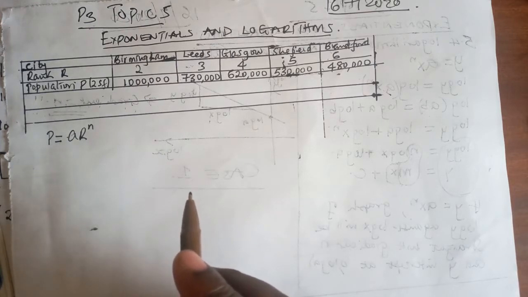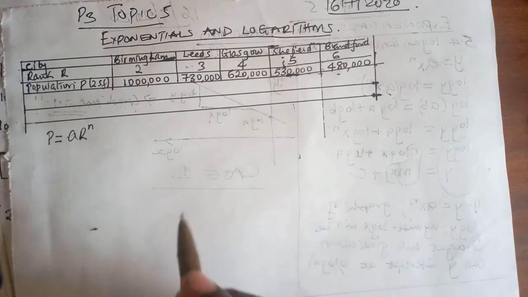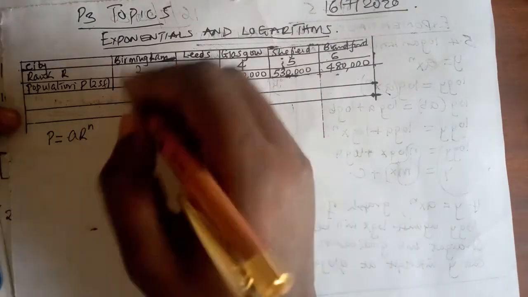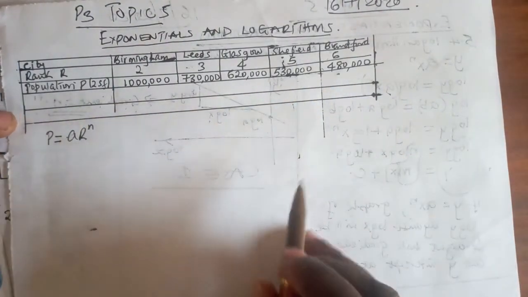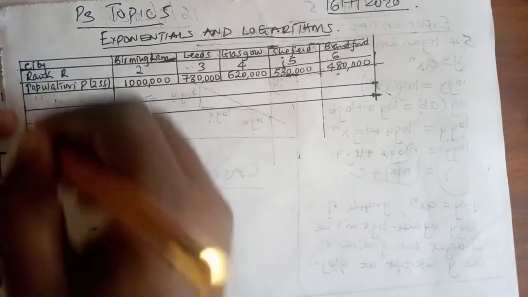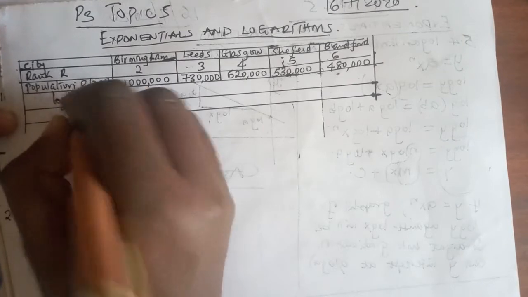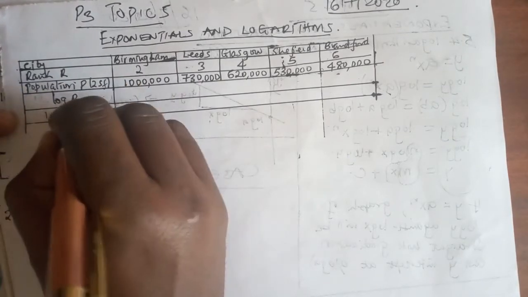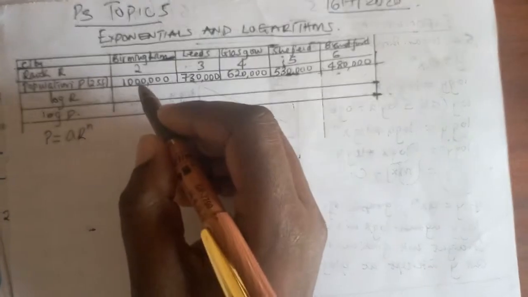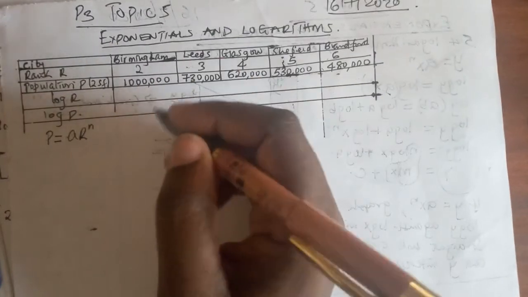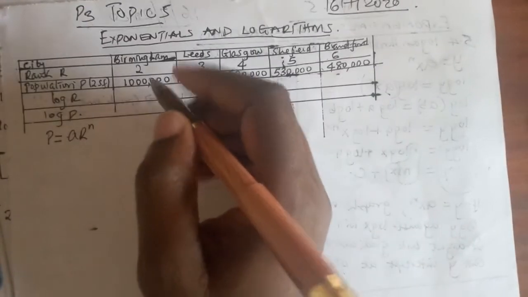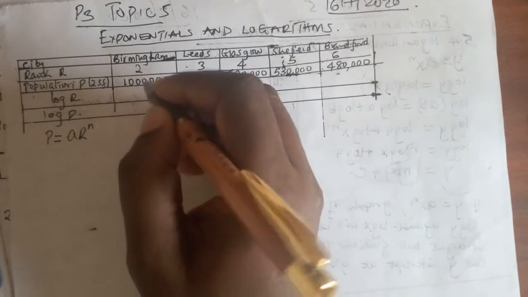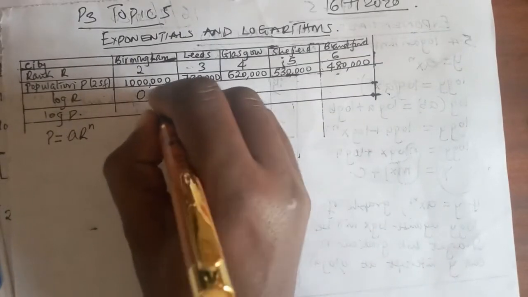Draw the table giving values of log R and log P to two decimal places. The two rows I've left here are for the logarithm of R and the log of P. The log of 2 is 0.301, but to two decimal places it is 0.3.